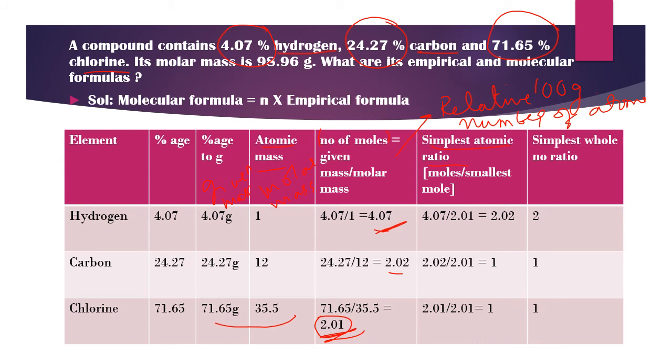So it becomes 4.07 by 2.01, 2.02 by 2.01, and 2.01 by 2.01. You are not supposed to round off the numbers here.